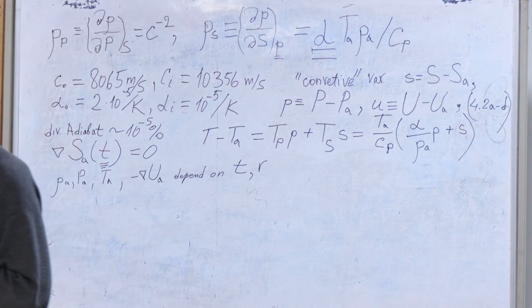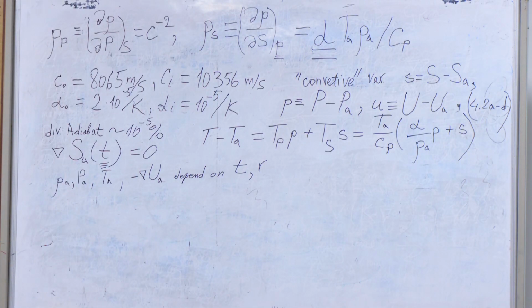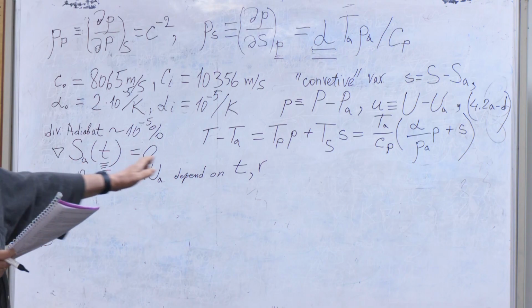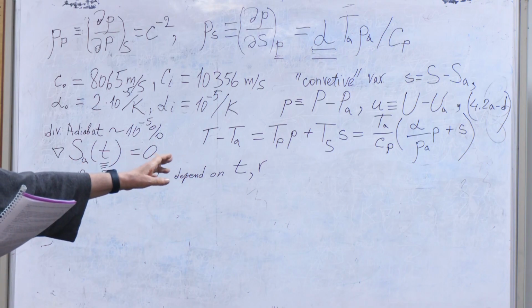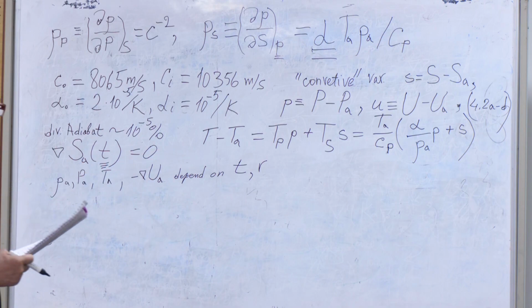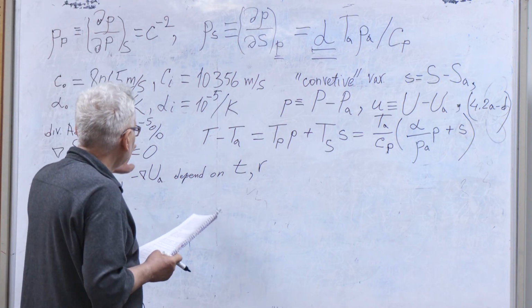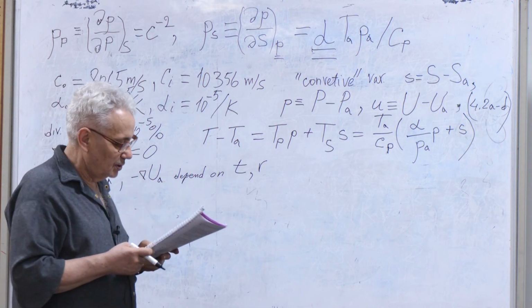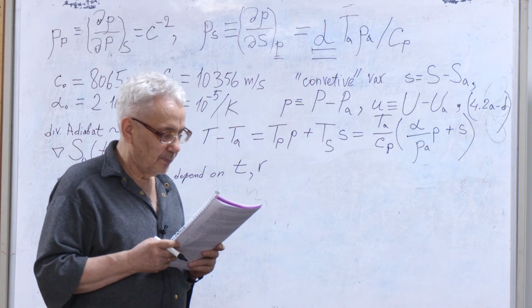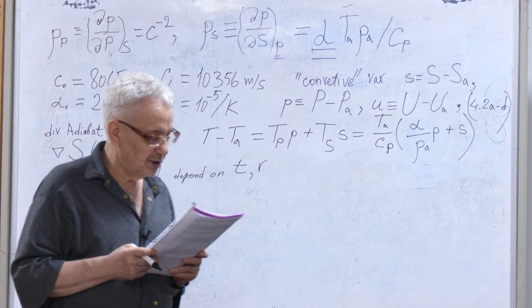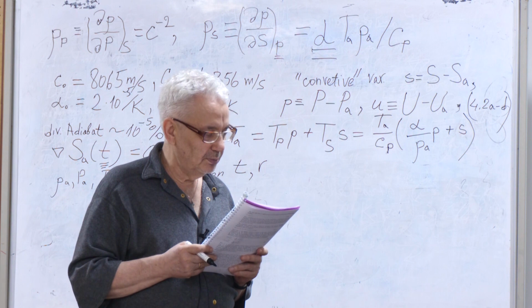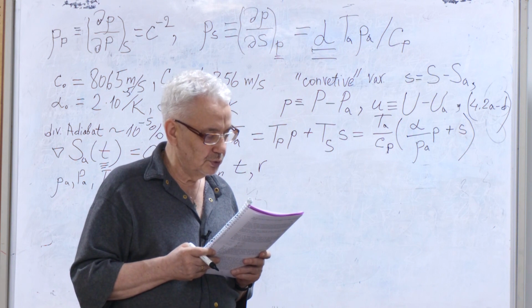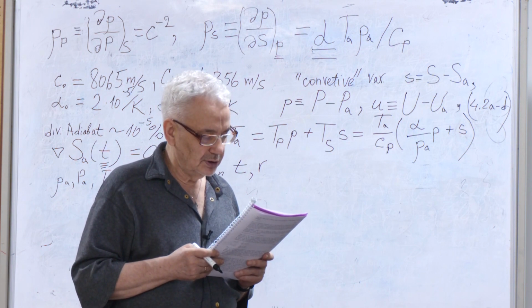From this sounding by sound waves, we can very easily estimate all these parameters with big accuracy, of course less than this deviation, but still rather big. So let's state again that all these variables in general depend on both time and spherical radius r.